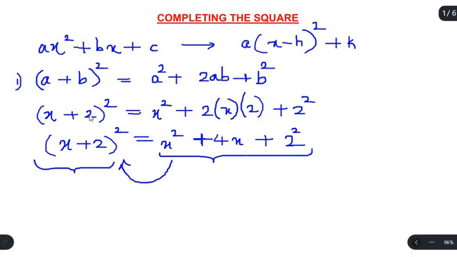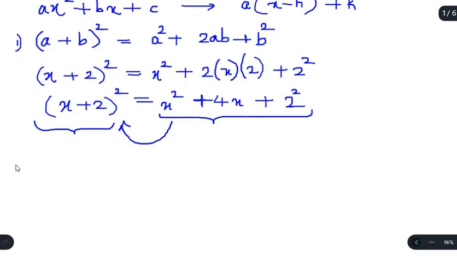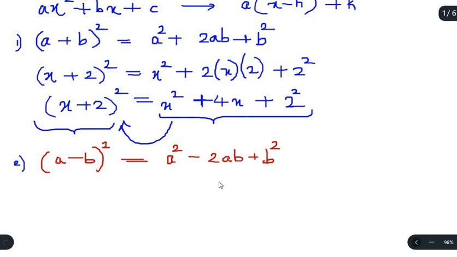Now the second identity you will use here is (a minus b) the whole term squared. You can expand this as a squared minus 2ab plus b squared. Let me take the same example with the same terms but with a negative sign.